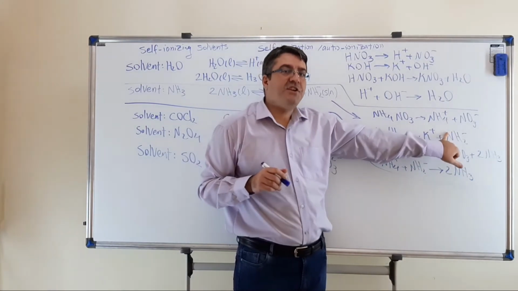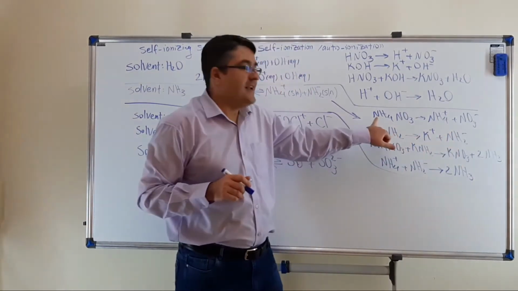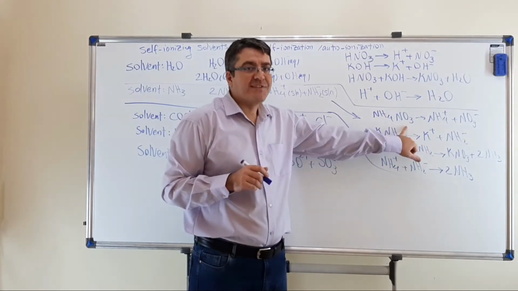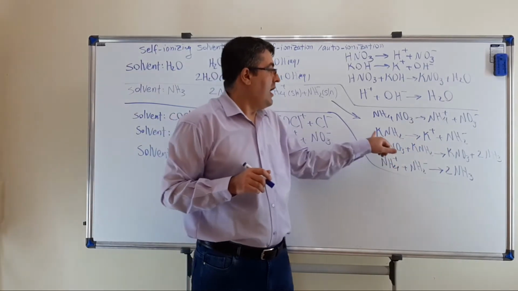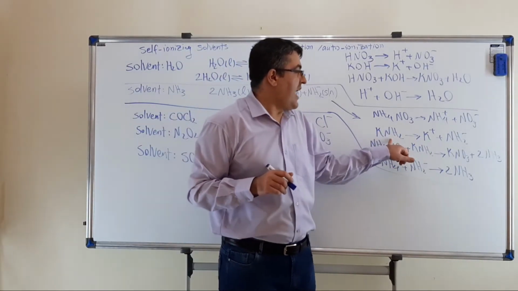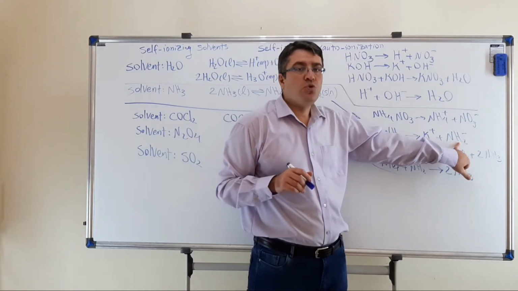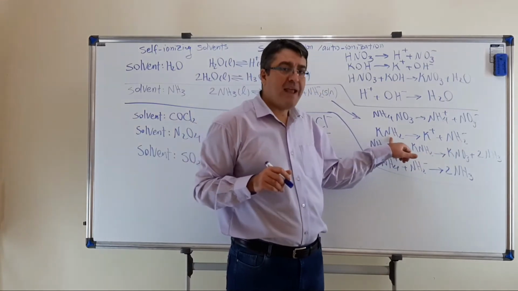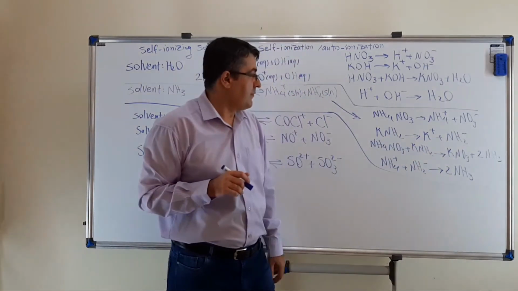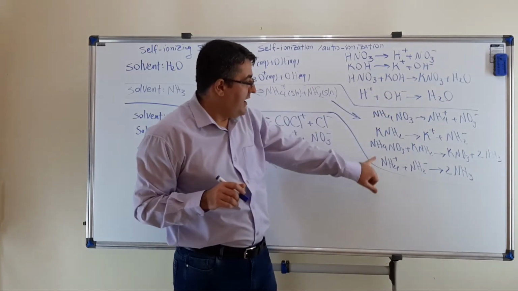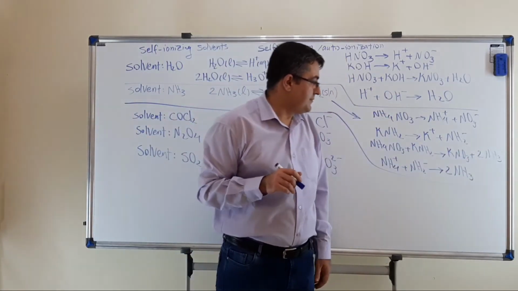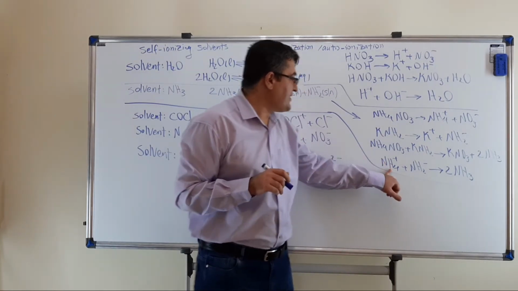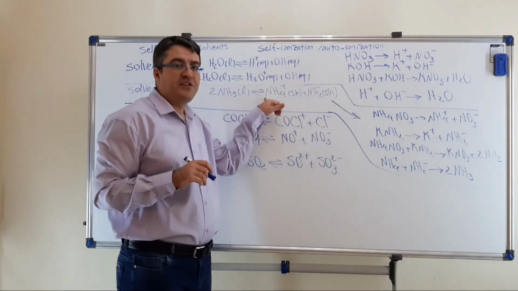NH4+ is the characteristic cation of ammonia. So, based on solvent system acid-base theory, ammonium nitrate is an acid in ammonia. On the other hand, potassium amide, which can increase the concentration of NH2-, the characteristic anion of ammonia, can be considered as a base in ammonia. The acid-base reaction in ammonia is as follows. If we omit spectator ions, we get this reaction, which is the reverse of the self-ionization of the solvent.